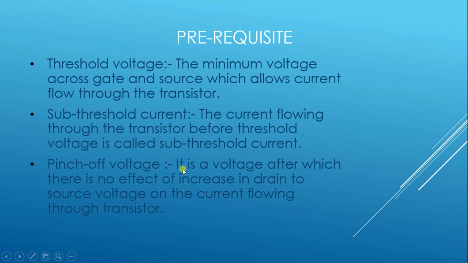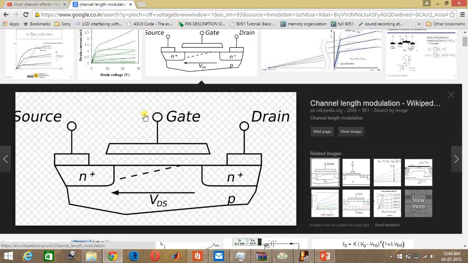Then pinch off voltage. Before we go with pinch off voltage, let me show you one diagram. In this, as you can see, the channel length has been modulated, and this total length we call the effective length, whereas the actual length of the channel is this much, but the effective length is only this much.